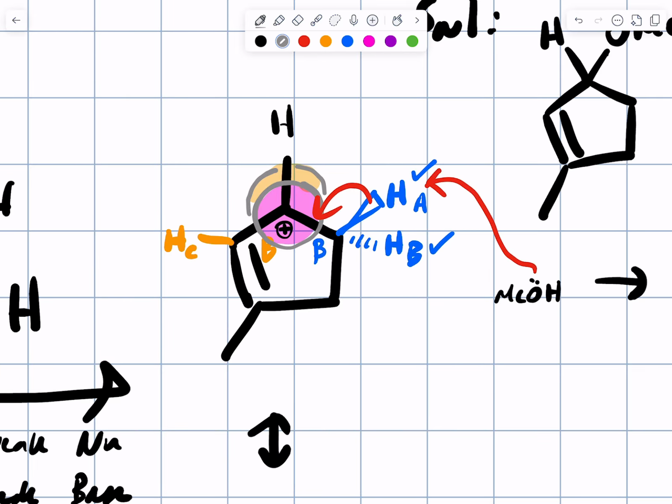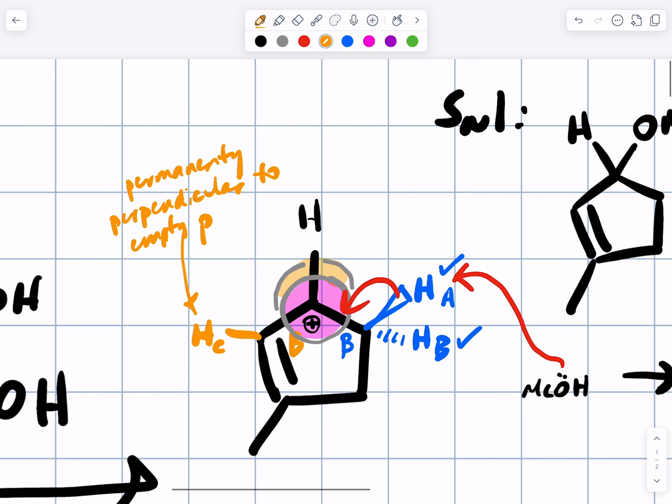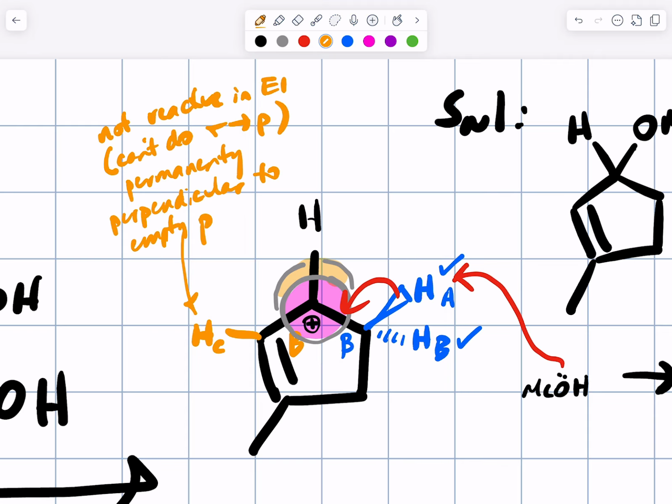So it turns out that HC, the vinyl proton, is permanently perpendicular or orthogonal to the empty p orbital, and therefore it is not reactive in an E1 reaction because it can't do sigma to p hyperconjugation. All right?